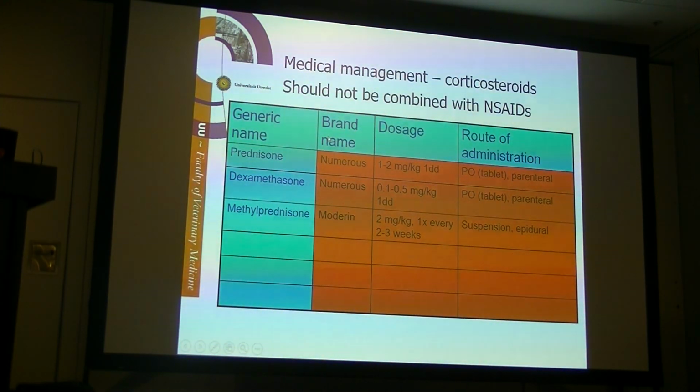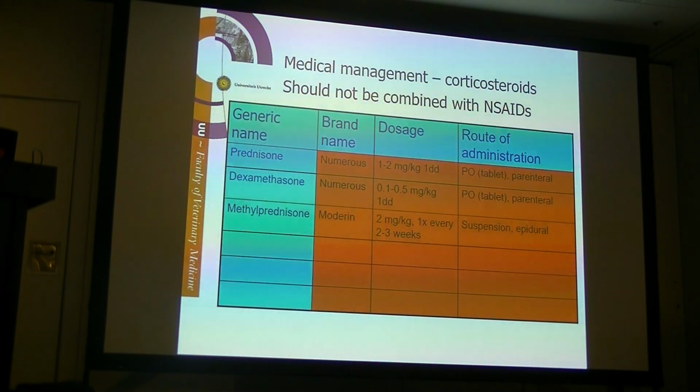And then we have steroids, of course. And very important is that steroids should not be combined with NSAIDs. If you do that, you run the risk of more complications with NSAIDs or steroids. More GI bleeding, more vomiting, more side effects. So it's either NSAIDs or steroids.